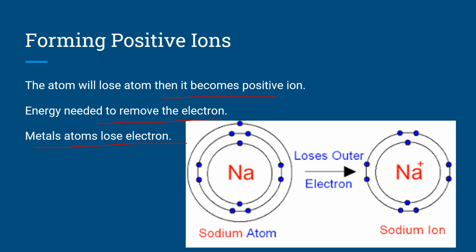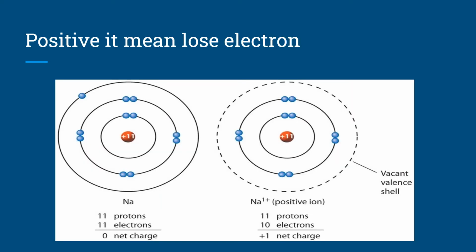How? I will explain it here. Here, sodium has 11 protons and 11 electrons. Is it correct? So the net charge is 0 because we have the same number of protons and electrons. Here we have 2, 4, 6, 8, 10, and 11 electrons inside sodium.